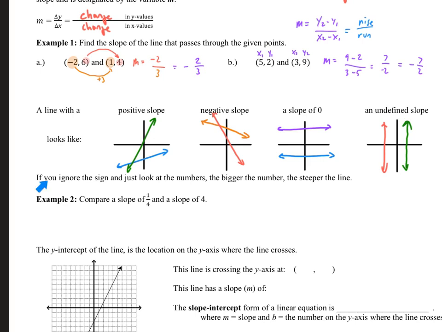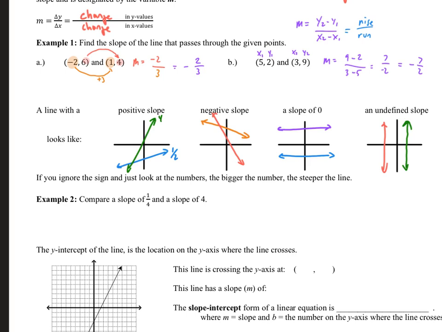So here's a little statement: if you ignore the sign and just look at the numbers, the bigger number means a steeper line. So this slope maybe is 1 over 2, okay? And then maybe this slope is 4. So it's a bigger slope value, so it's a steeper line than this one.